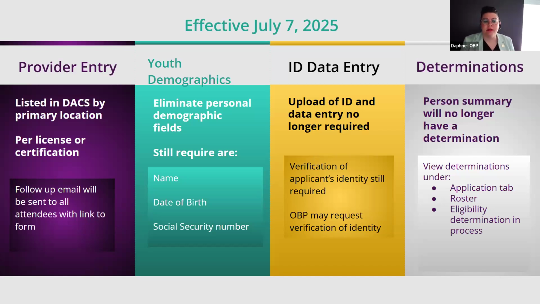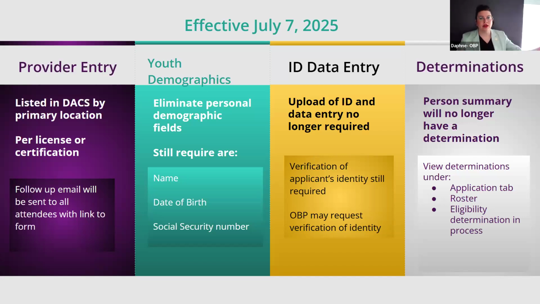And lastly but not least is the determinations we talked about. We are no longer going to be showing on the person summary that determination status, because as we've talked about, it cannot show just for your program because it's by person.